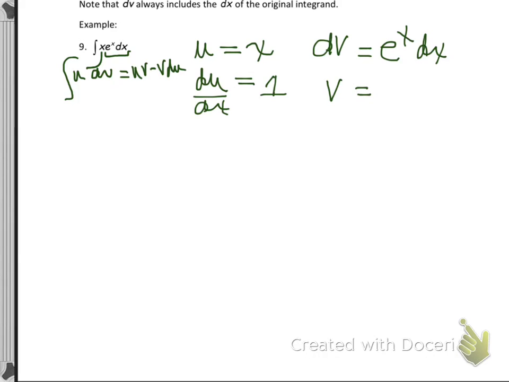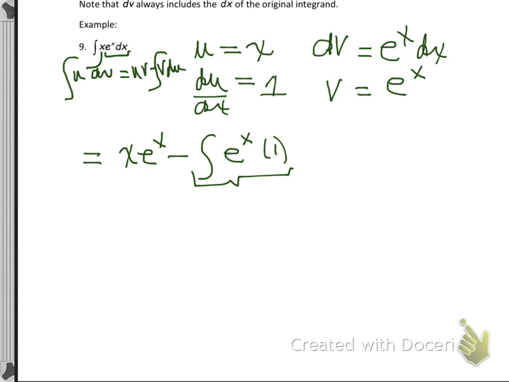My v is the antiderivative of e to the x dx, which is just e to the x. Now that I have written u dv, I can solve this integral by saying u times v, so that's x times e to the x, minus the integral of v, which is e to the x, times du, which is just 1 dx.